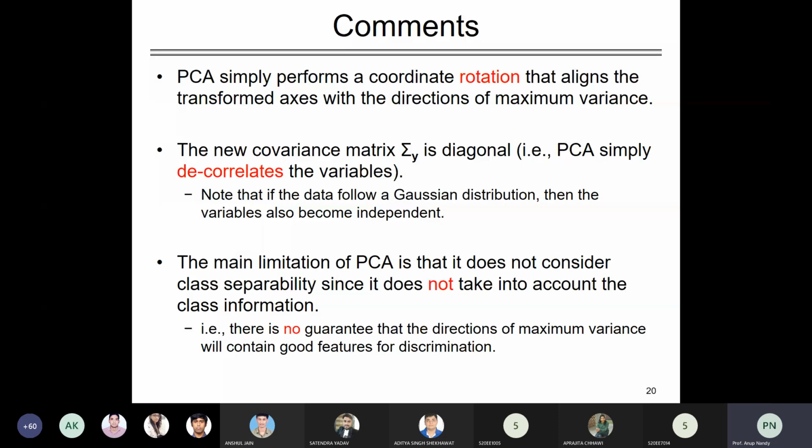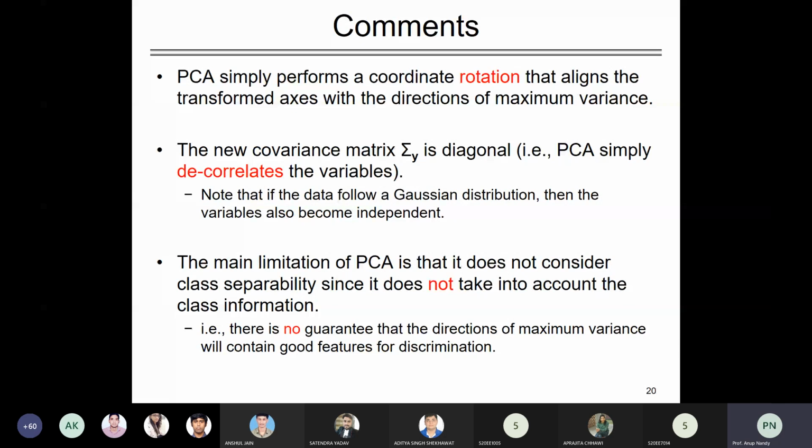Those who have taken a computer graphics course can somehow understand this. There is a rotation in the transformation matrix, so if it is a homogeneous transformation matrix, it is a 4 cross 4 matrix. Then the 3 cross 3 part is the rotation, and the other part is the translation.